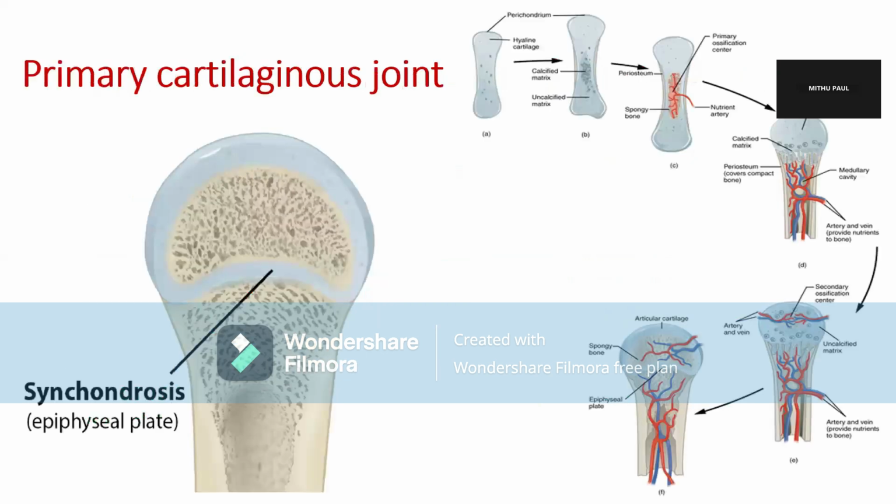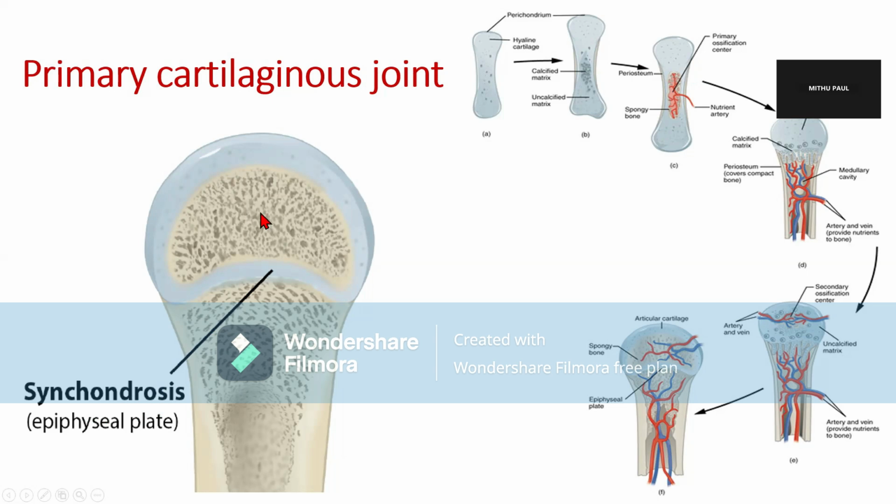In the case of a primary cartilaginous joint, such as the epiphyseal plate, by this time you know that a long bone ossifies from one primary center for the diaphysis, and secondary centers appearing at the ends.